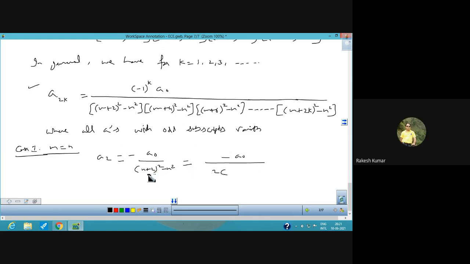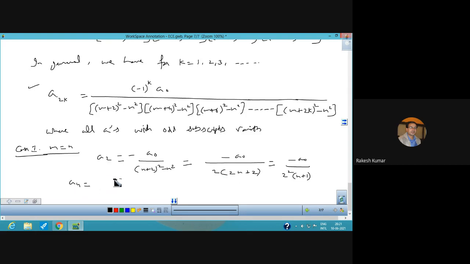You will use the formula a square minus b square, (a minus b)(a plus b). उस फॉर्मूला से आपके पास आ जाएगा 2 into (2n plus 2). You can simplify a little. So it can be written that is negative a naught, 2 can be taken common here. So 2 square into (n plus 1). This is your first constant a2.